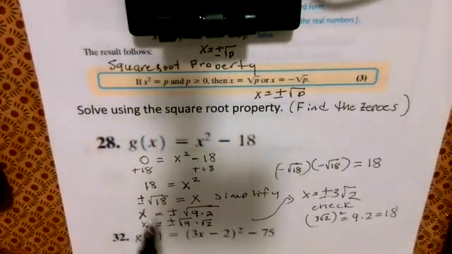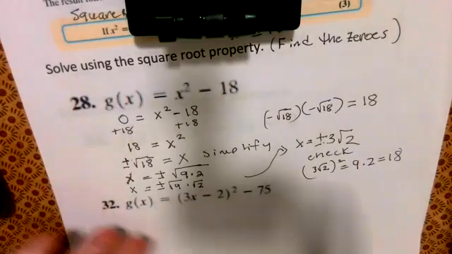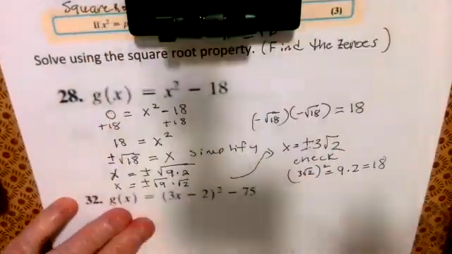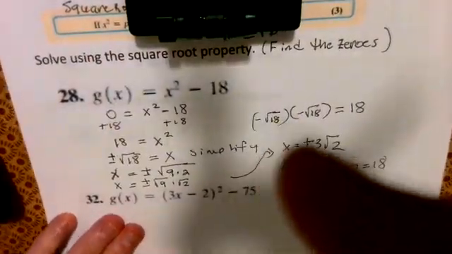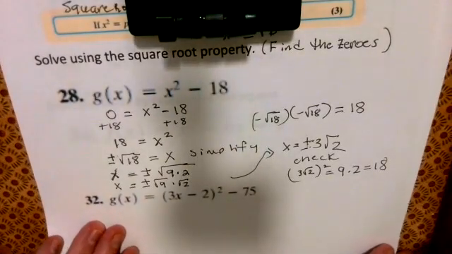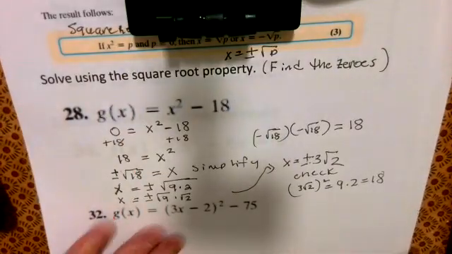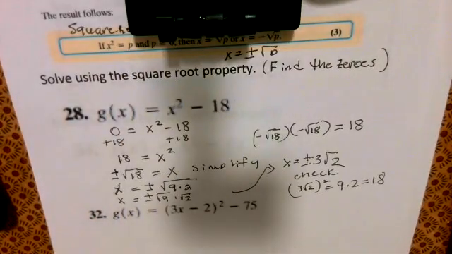I don't know, we used to. But anyways, if it's in this form, then you get the x squared on one side and you get the number on the other side. And then you use the square root property.